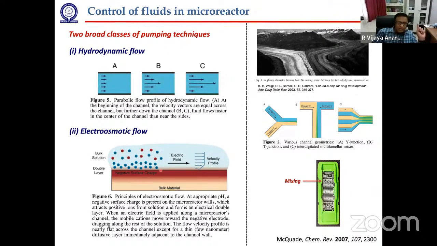When an electric field is applied in this direction, the positively charged species move in this direction, and they drag even the negatively charged species along with them. This is used in some pilot scale reactors and even in industrial scale reactors.